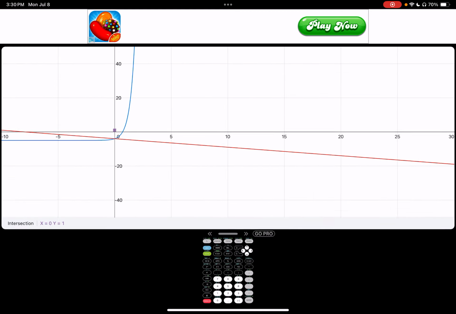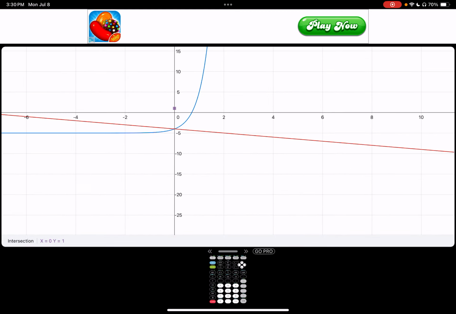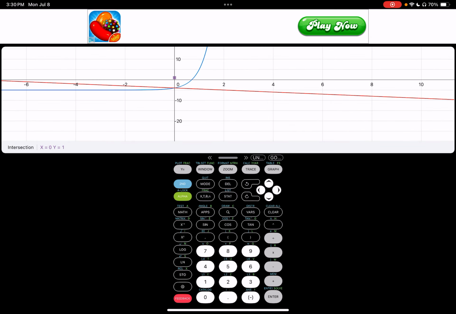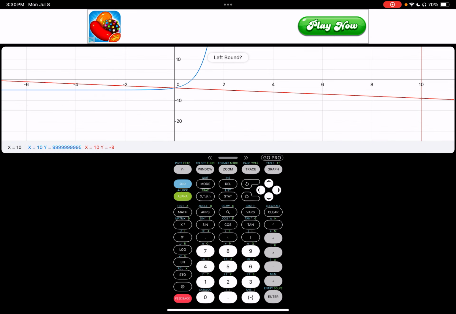Okay? So now I have a whole different graph here, right? Two different graphs. Let's go ahead and second trace, intersect. My left bound, I need to put it on the left of these two, right? So my right bound is right there.